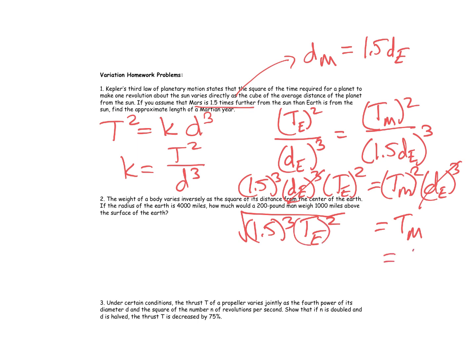Or in other words, time on Mars is going to be equal to the square root of 1.5 cubed times time on Earth. And when we do that, we realize that the square root of 1.5 cubed ends up being about 1.837. So time on Mars is 1.837 times Earth years.